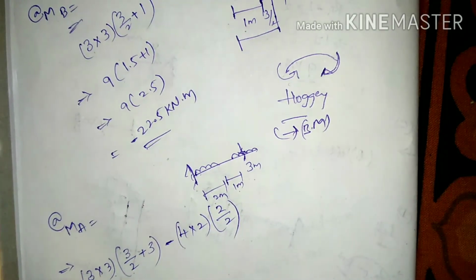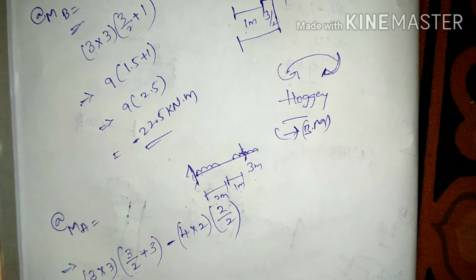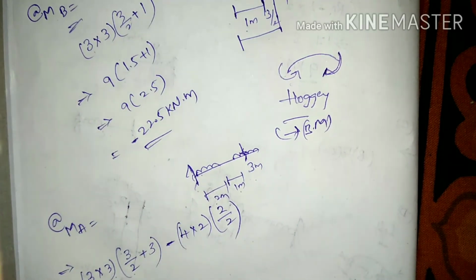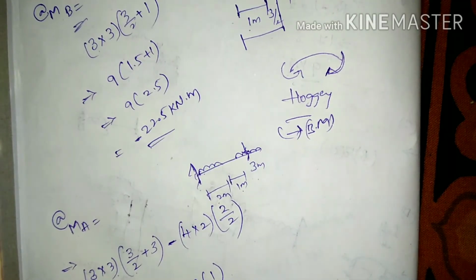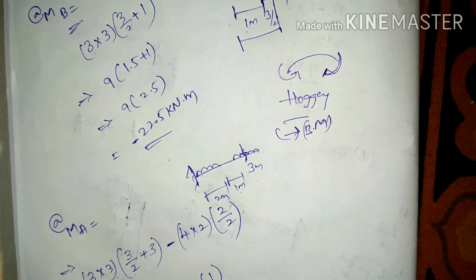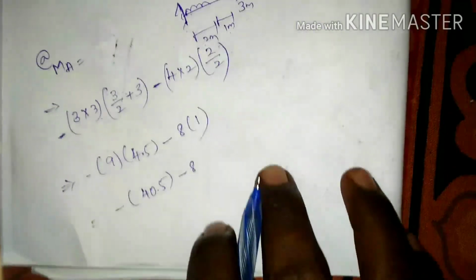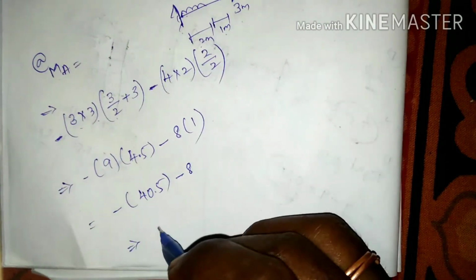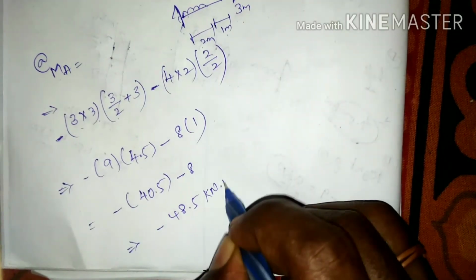That value is minus 9 or 4.5 minus 8 of 1, that is equal to minus 36. Value is equal to minus 48.5 kilonewton meter.